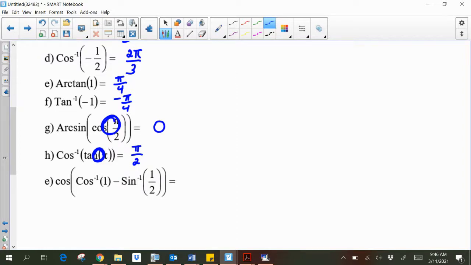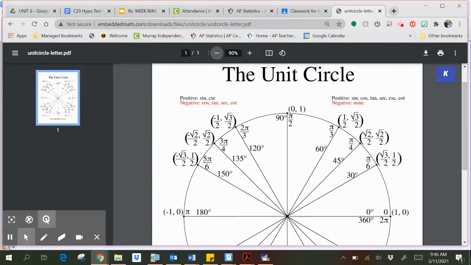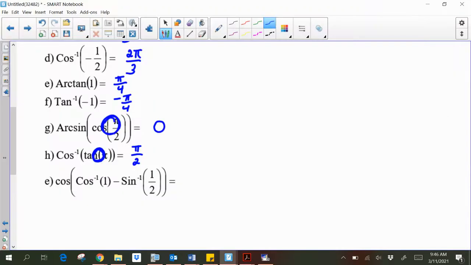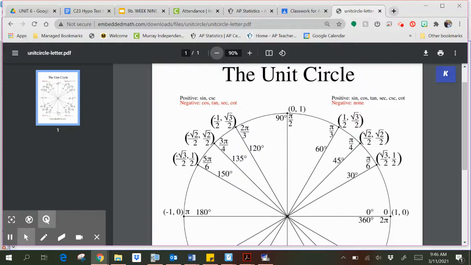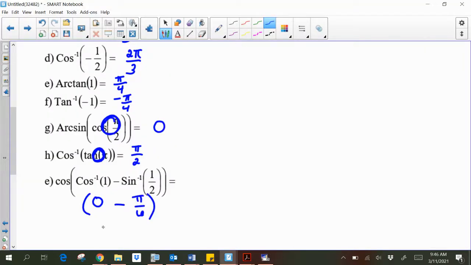All right. Again, we've got to do some more steps here. Inverse cosine of 1. 0. Inverse cosine of a half. 5/6. 0 minus pi over 6 is negative pi over 6.